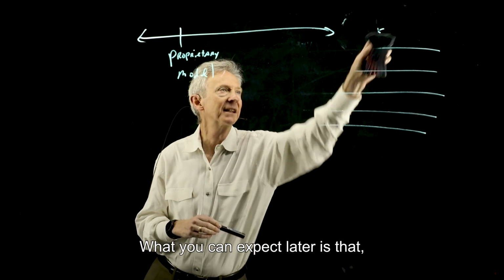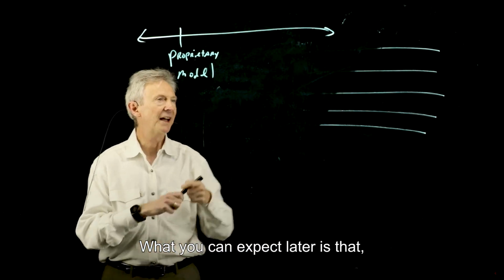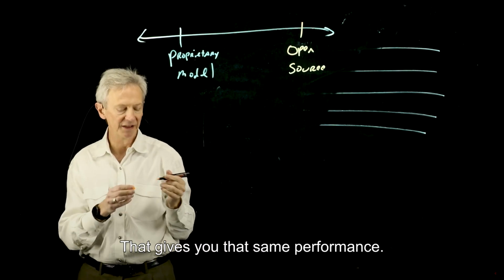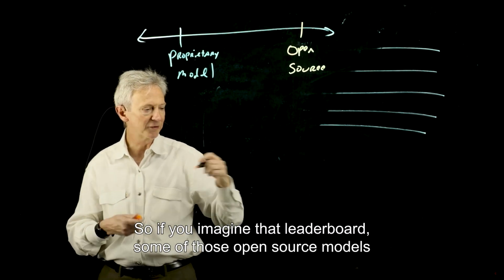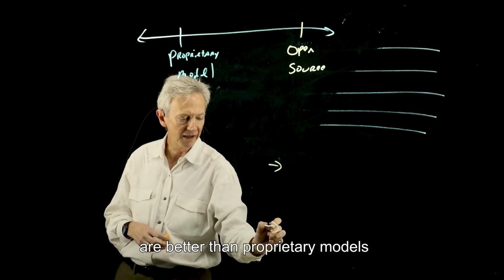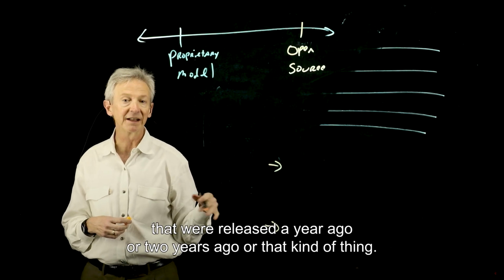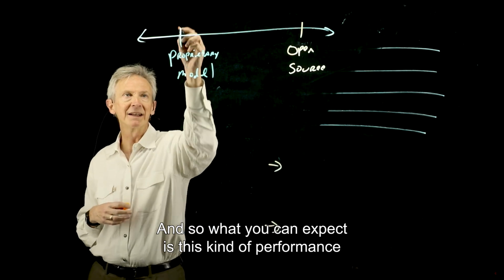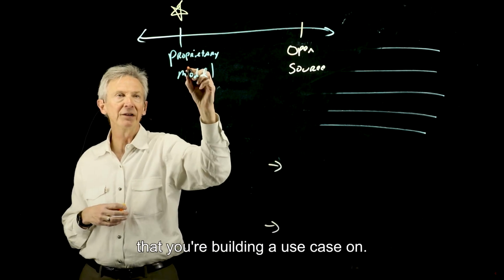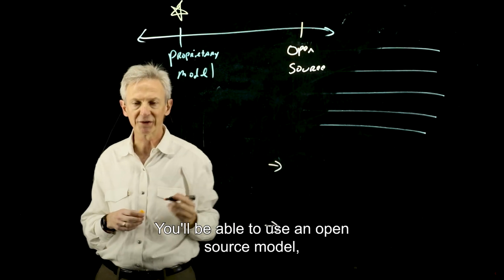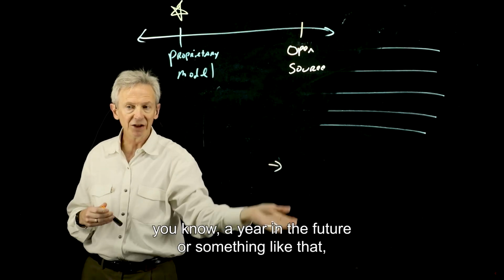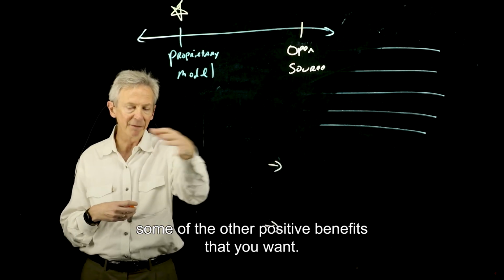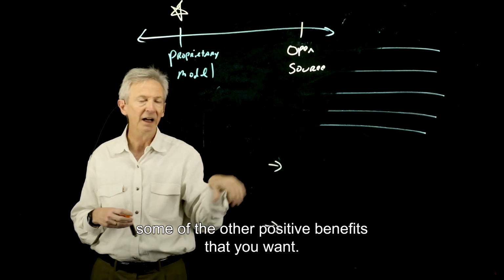What you can expect later is that there'll be an open source model that gives you that same performance. If you imagine that leaderboard, some of those open source models are better than proprietary models that were released a year ago or 2 years ago. And so what you can expect is that the performance you're building a use case on, you'll be able to get from an open source model a year in the future or something like that, that'll have just as good performance and might have some of the other positive benefits that you want.